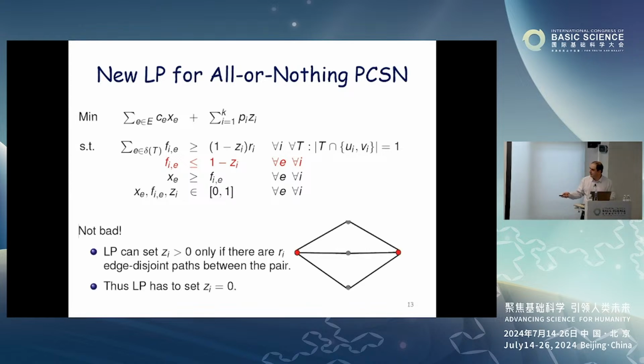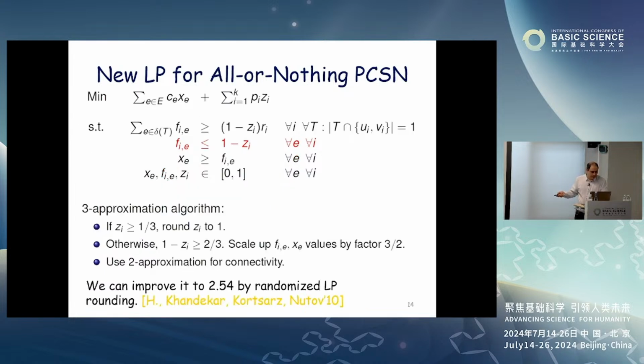You can see the LP cannot cheat, so you have to put the vi actually. I think this should be 1 here. Like 1 minus vi should be 0. And by this trick, actually, we can get 2 points for the general. First, we can get 3, and then we can use that.